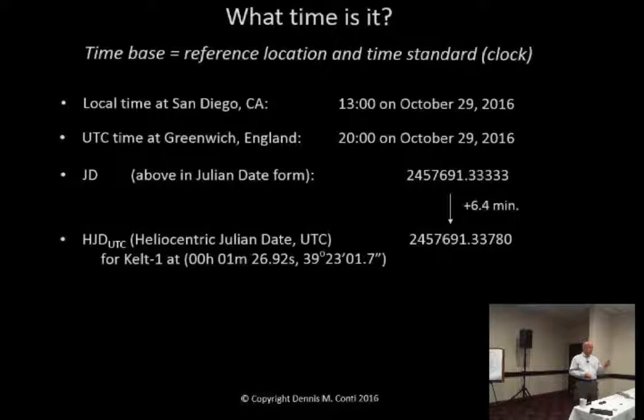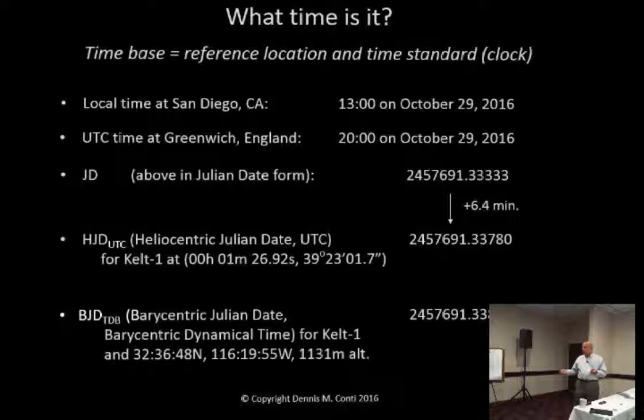So, Bill, your question, that's the difference between the universal time and if we were in the center of the sun. The barycentric difference is that, which is an extra 1.1 minutes. So the difference between our local time here and what astronomers really want to have as the measured time is on the order of 7.5 minutes.